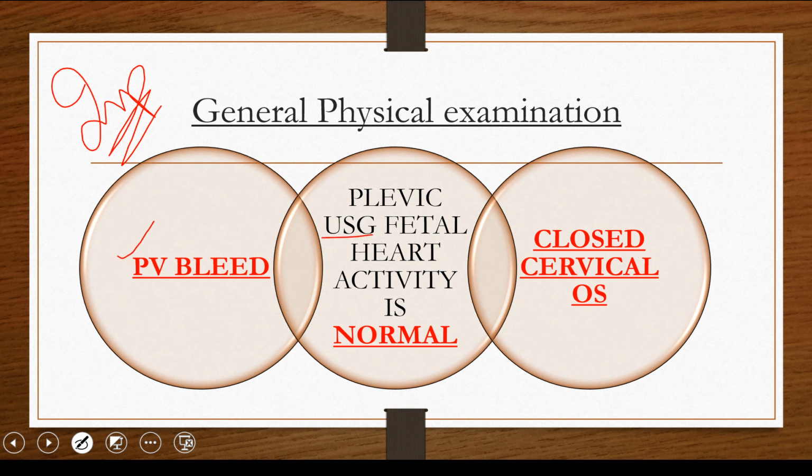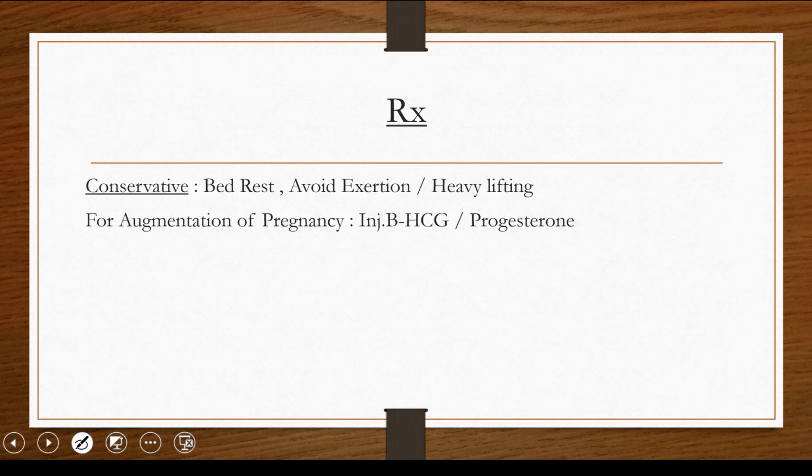On USG findings, the heart activity will be normal, and on PV examination, the cervical os will be closed. Treatment. Conservative treatment always advises bed rest, avoiding exertion and heavy lifting. But in order to augment the pregnancy, inject beta-HCG and progesterone. This is only for the satisfaction of the patient, otherwise bed rest is enough.